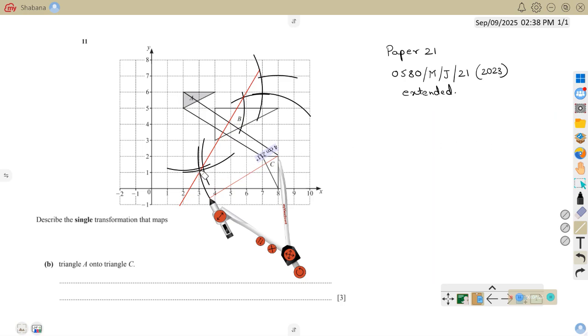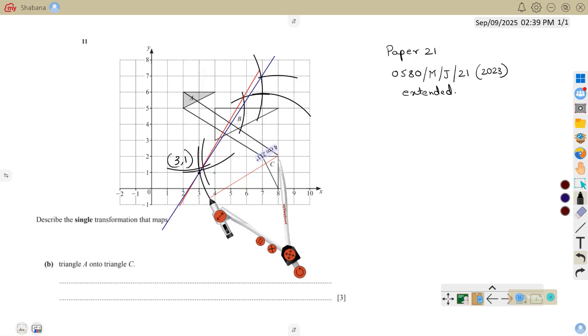Changing the color, draw the line. So these two lines, they are intersecting at 3, 1.